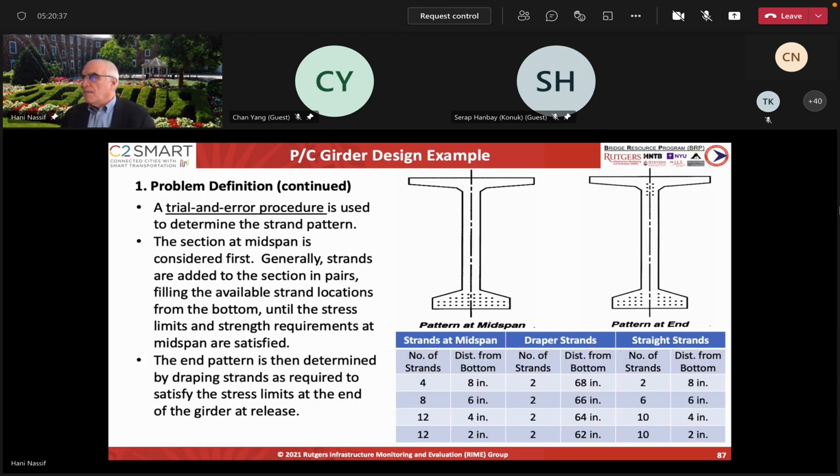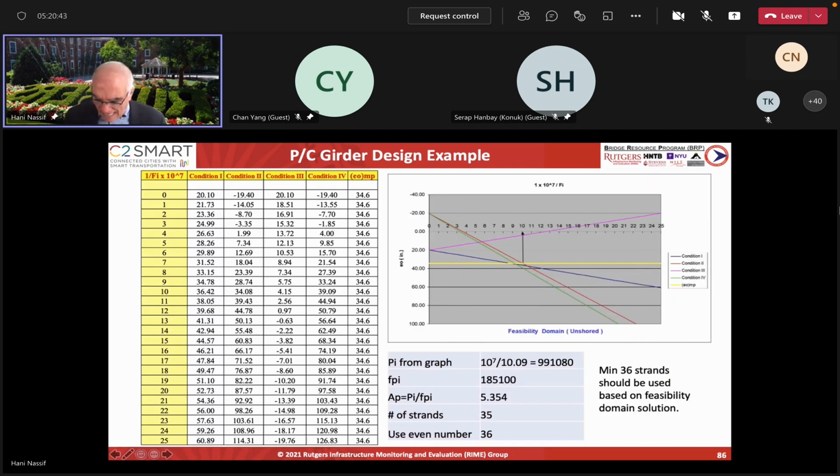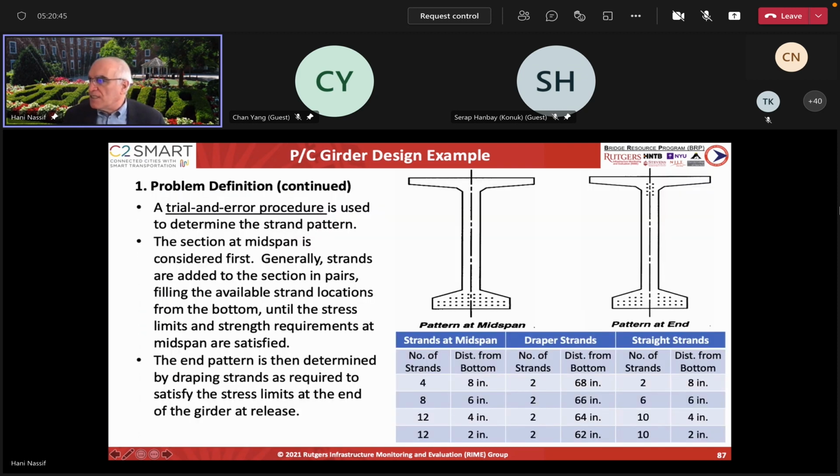Okay. So after that, now we know the number of strands that we're going to use. According to the pattern, we start from the bottom up. We try to fill all the layers on the bottom because we want to maximize the eccentricity.